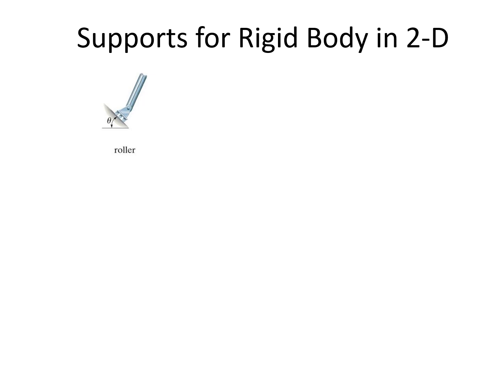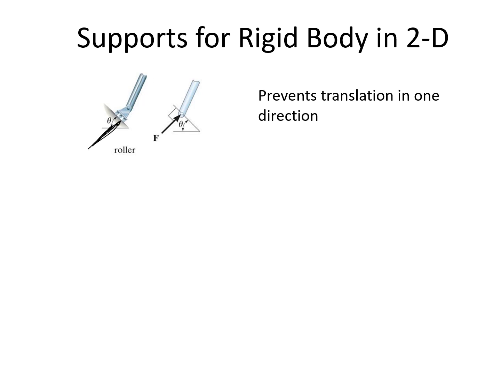So one of the types of supports would be a roller, and a roller prevents translation in one direction. So it prevents, in this case, translation going up and down this direction. The roller can still move this way. So the support or the reaction would be one reaction that is normal to the surface that the roller is on.